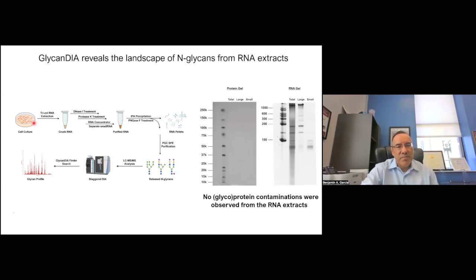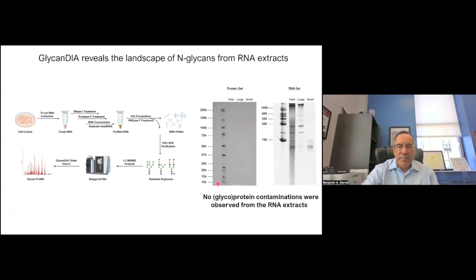The workflows are pretty similar to a lot of workflows. Sometimes we use PGC, sometimes we use other things. You have to be really careful to make sure that there are no protein contaminations, so sample prep is really important for this type of work.